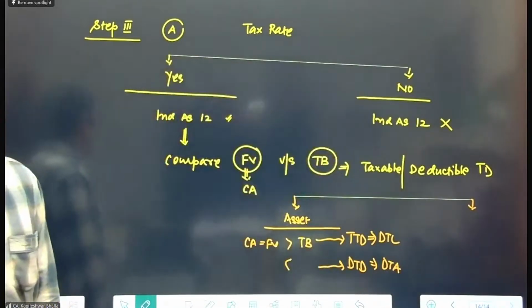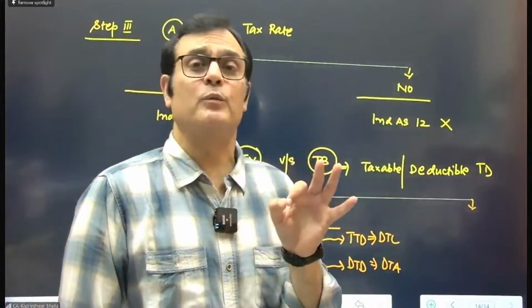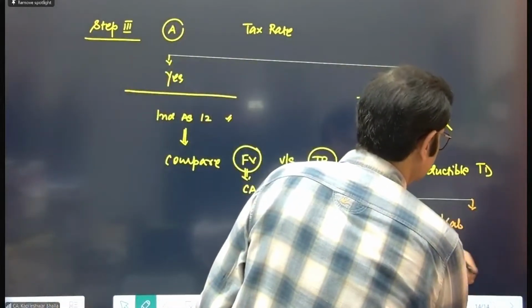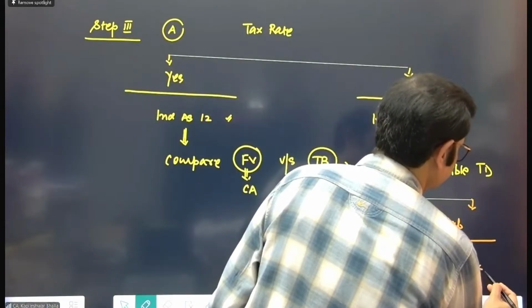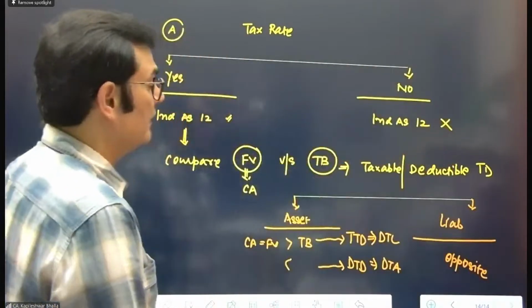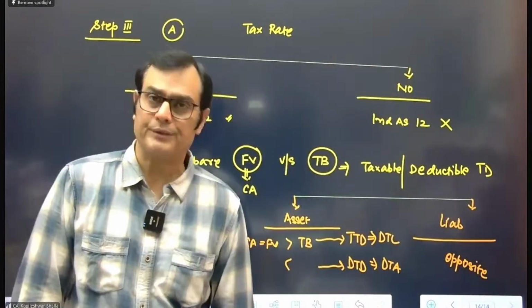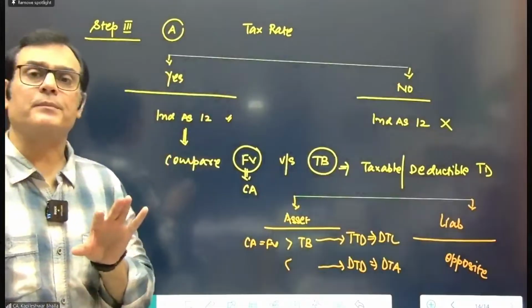Yes, sir. And for liabilities, the position is absolutely reverse of the asset. So if it is a case of a liability, it is exactly opposite to the concept of assets. Where the carrying amount is more, it means a deductible difference, a DTA, and so on. So this is what you need to take care of in step number 3A.